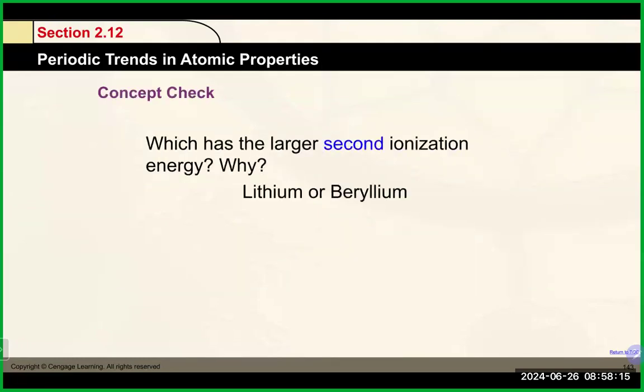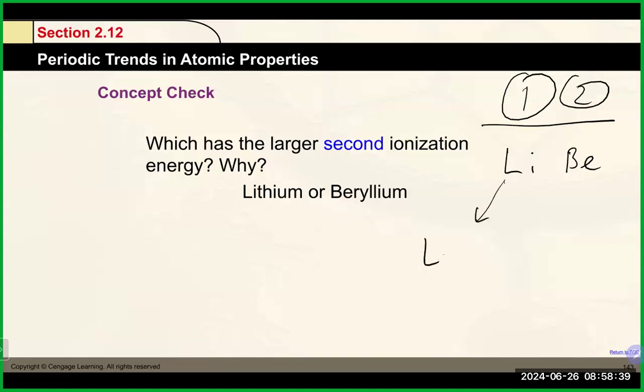Which one should have the larger second ionization energy, lithium or beryllium? Well, second ionization energy is the energy to remove the second electron. If we look at the electron configuration for lithium, it is 1s2, 2s1.